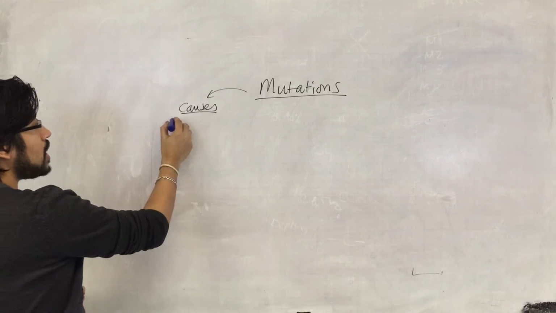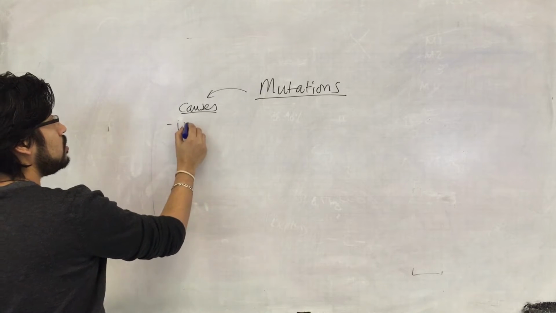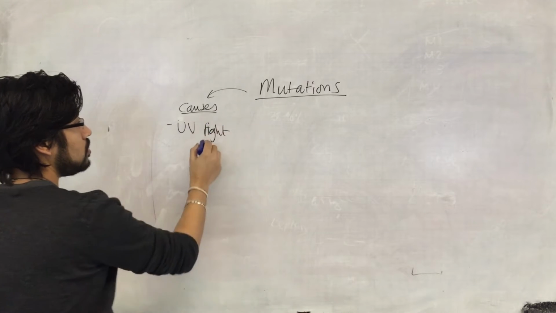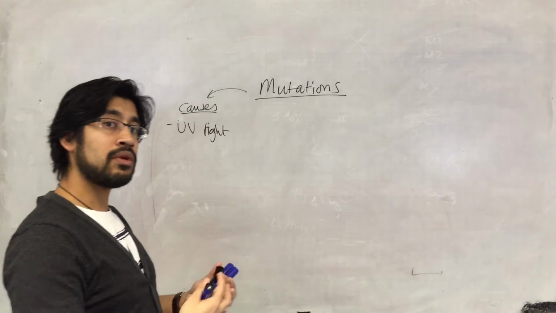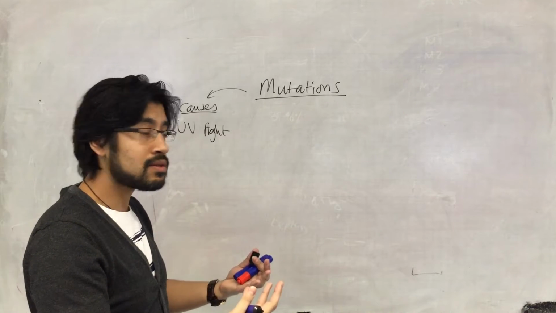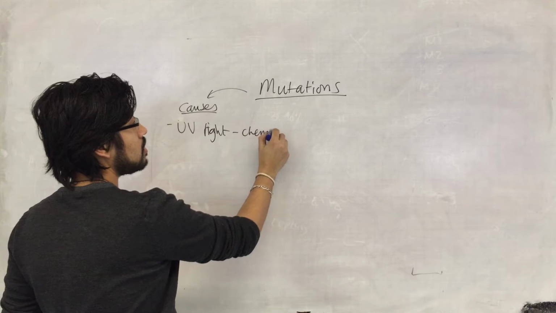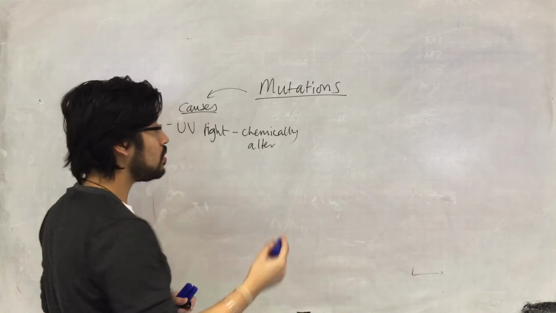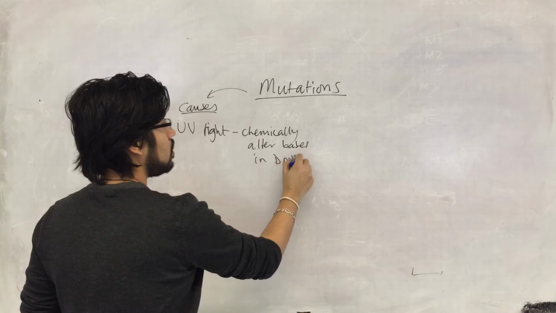Okay, so the main causes are things like UV light, high energy light that can, when it's absorbed by chemicals, cause chemical changes. So what we're saying is that UV light can chemically alter the bases in DNA.